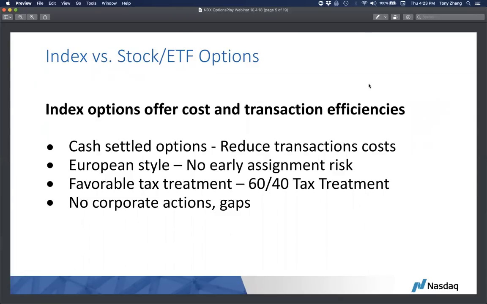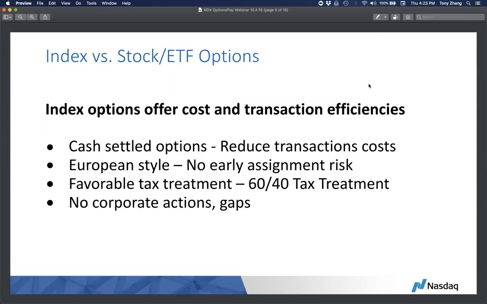There's a 60-40 tax treatment, where 60% of the gains that you have from index options trading is taxed at short-term capital gains, but 40% is taxed as long-term capital gains, which makes the highest effective tax rate you can pay on index options only 23%, compared to regular income as you do on your short-term capital gains on stock and ETF options for those of you trading in a taxable account. So you have some additional cost efficiencies by trading index options versus stock or ETF options.